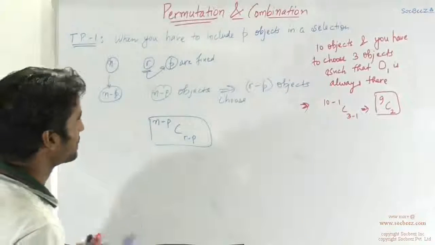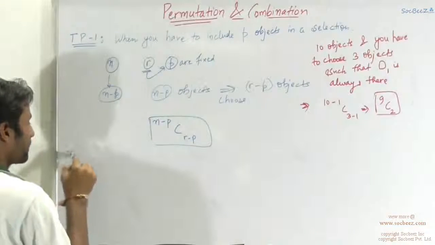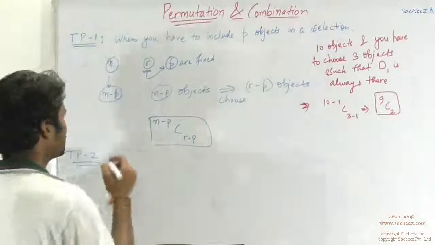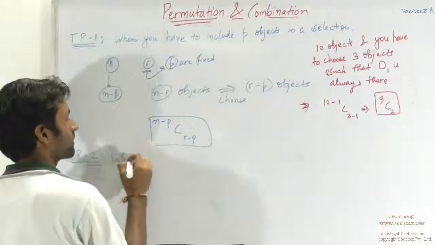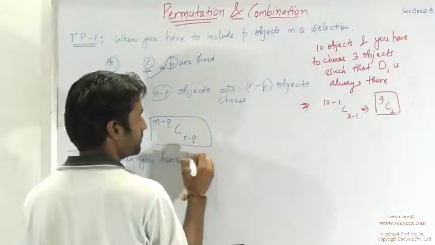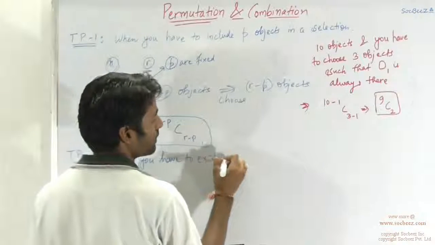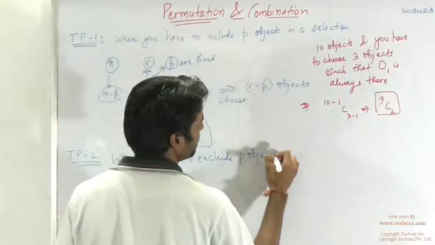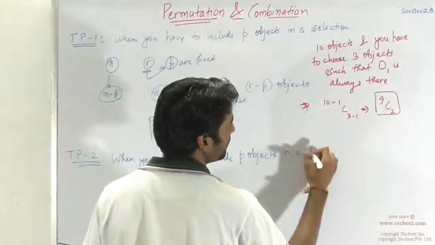And there is another category, say typical problem 2. This is pretty much similar. The difference is when you have to exclude p objects in a selection.